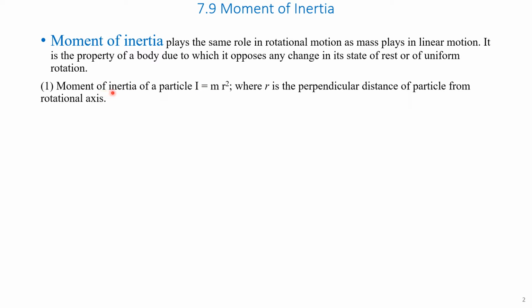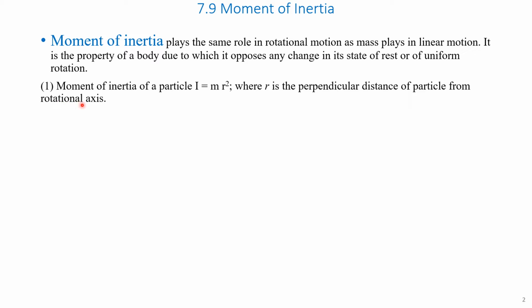Moment of inertia is represented by the symbol capital I and its relationship with perpendicular distance and mass is given by I = m r square, where m is the mass of the particle and r is the distance of the particle from the rotational axis.